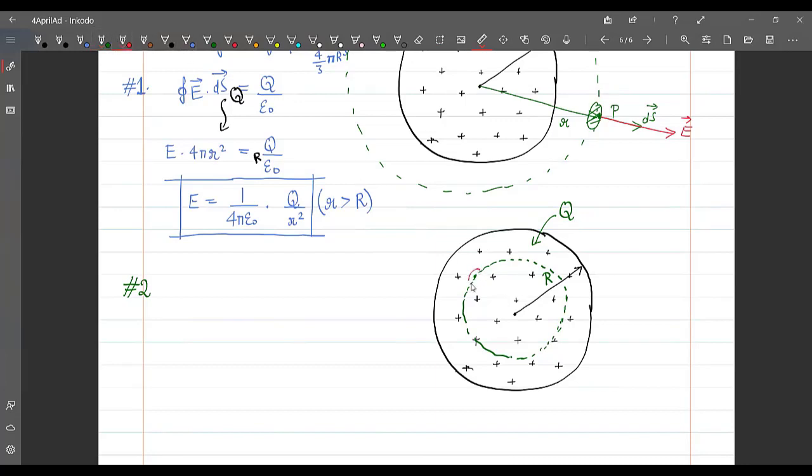So this is your ds vector, and the area vector will be along this only. Electric field will be along this, and the area vector is also along this. So the integration is pretty easy, that we know. And the radius of this Gaussian sphere is small r. Small r is the radius of the Gaussian sphere.